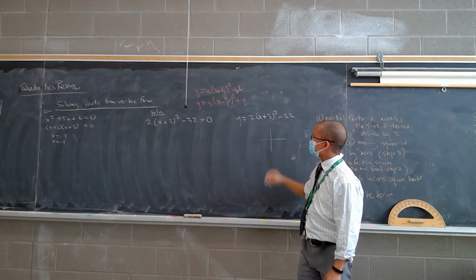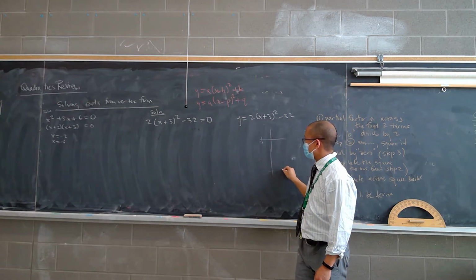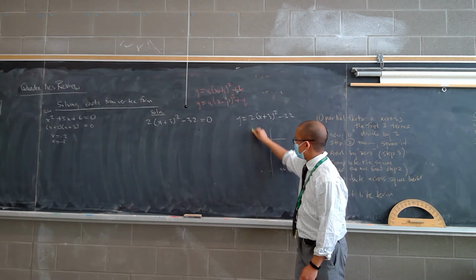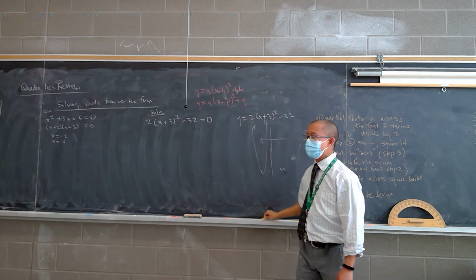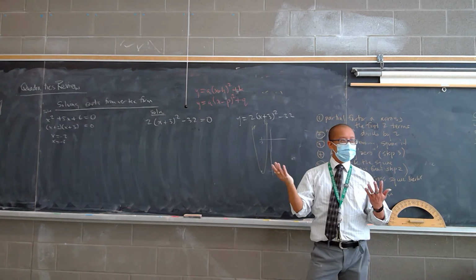So to visualize this, -3 is over here, that's not important, it's exaggerated, and -32 is over here. And clearly, when it opens up, it's going to cross the x-axis twice.